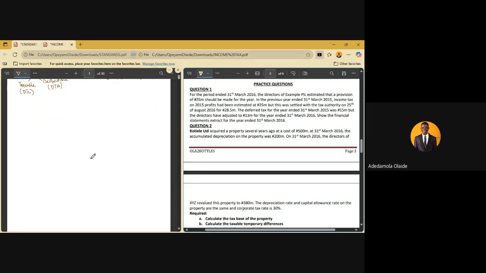In the financial statement extract, what we need is the SOPL and the SOFP. And what do we need in the SOPL? We need the income tax expense. So we'll say question 1, Example PLC, calculation of income tax expense.